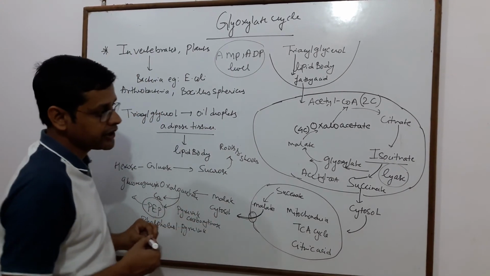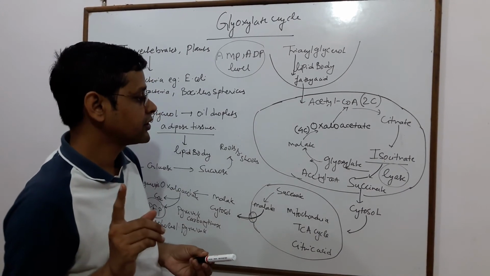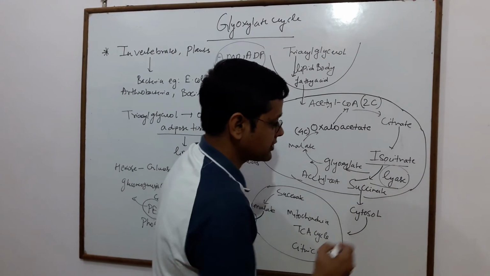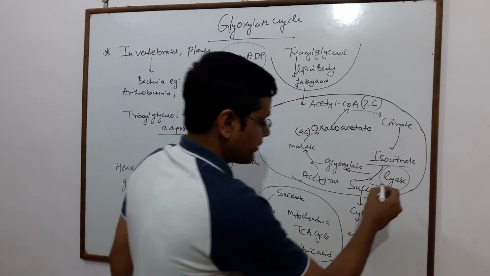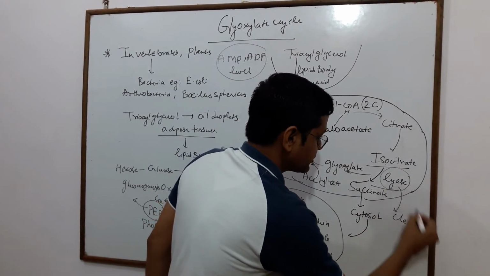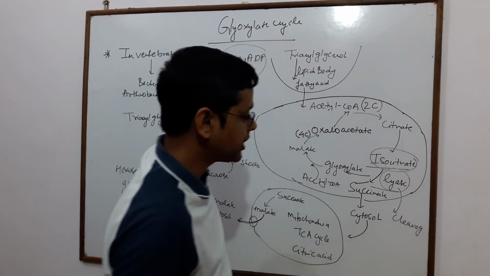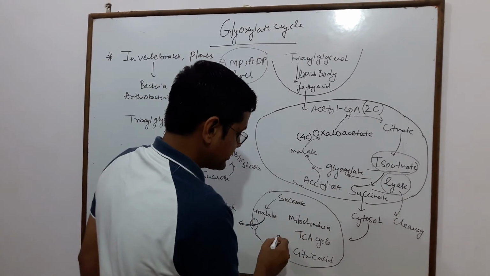So the main point is, students, you have to remember this thing. The key regulatory enzyme of this cycle is isocitrate lyase, which has the function of cleavage of what? Isocitrate. This is the bridging element between glyoxylate and the TCA cycle.